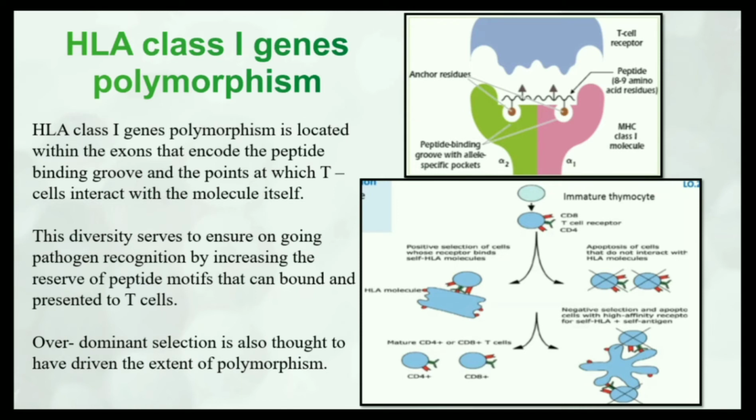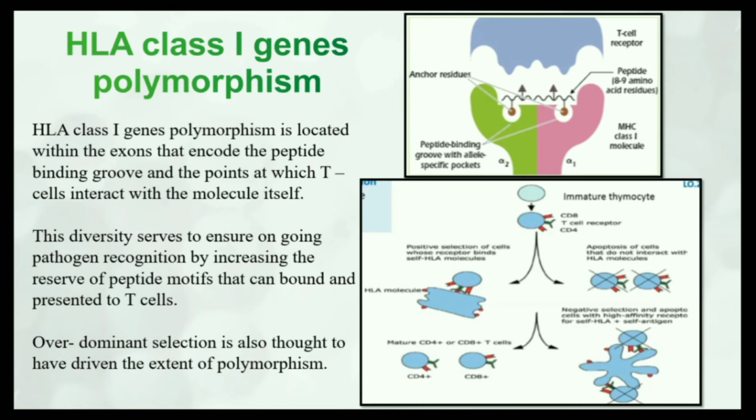Overdominant selection is also thought to have driven the extent of polymorphism. For example, this diagram shows how an immature thymocyte is differentiated and selected according to its binding to the HLA molecules on the cells of the body. The immature thymocyte has T cells, for example, having two surface markers, CD8 plus and CD4 plus, and T cell receptors.